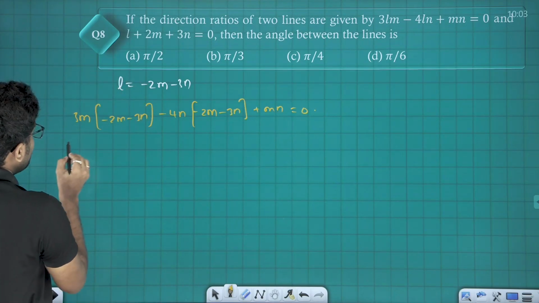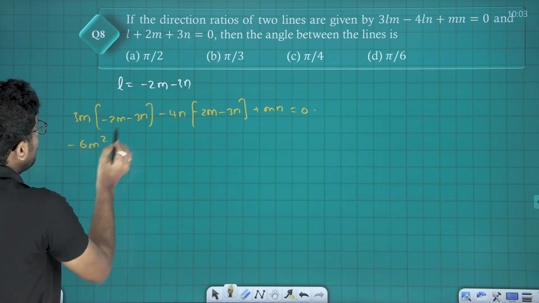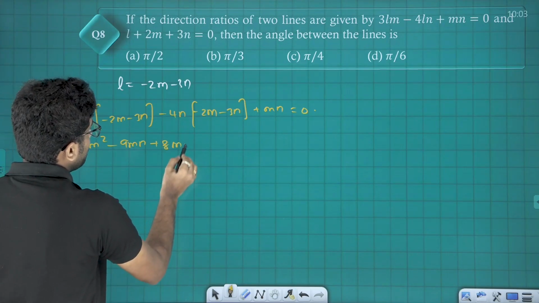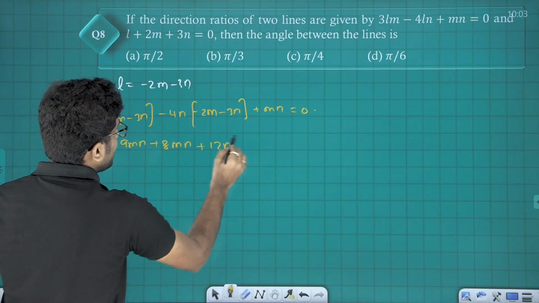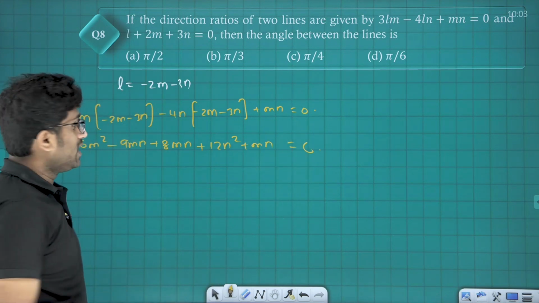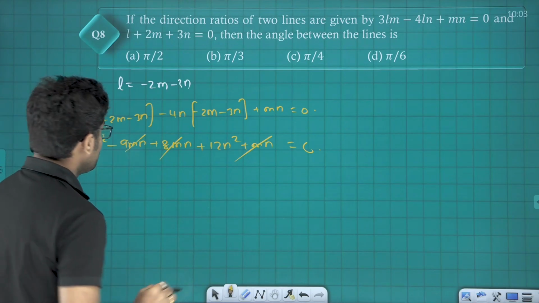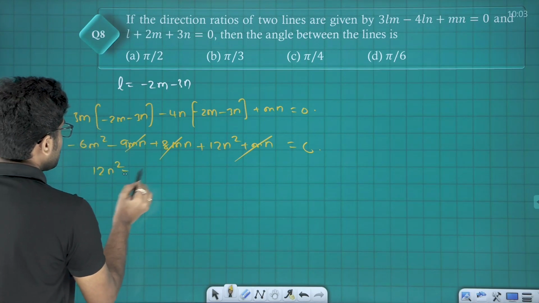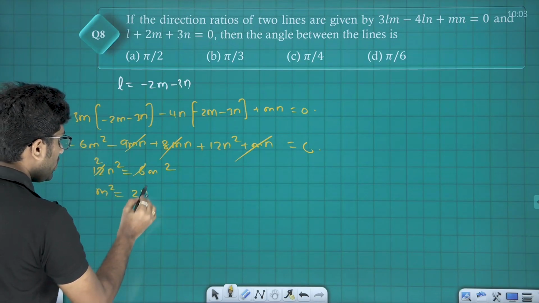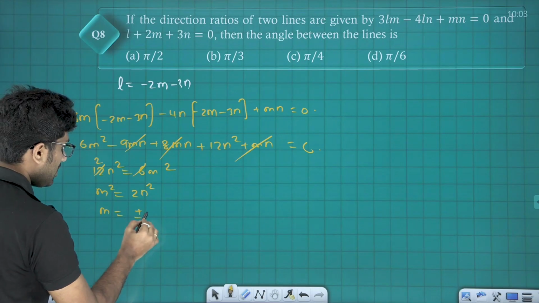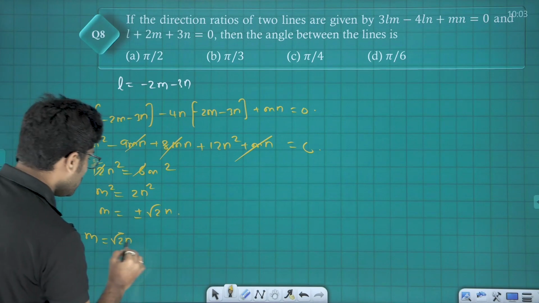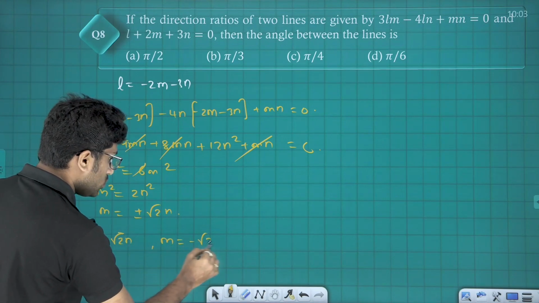Let's see, 3m into minus 2m is minus 6m square, minus 9mn, plus 8mn, plus 12n square, plus mn is equals to 0. 8mn plus mn is 9mn, 9mn minus 9mn will be 0. So we got finally 12n square is equals to 6m square. So finally m square is equals to 2n square. That is nothing but m will be equals to plus or minus root 2 n. So one value m can be root 2 n and m is equals to minus root 2 times n.